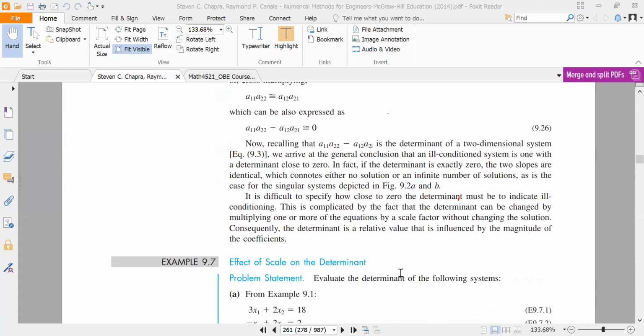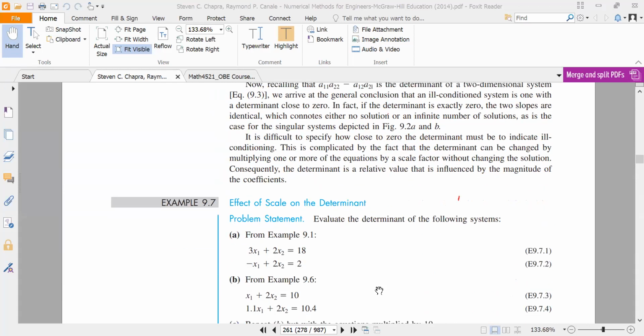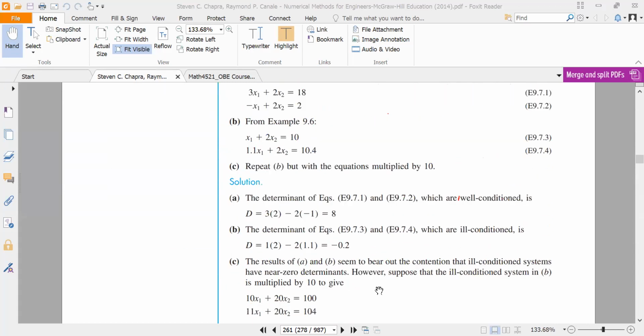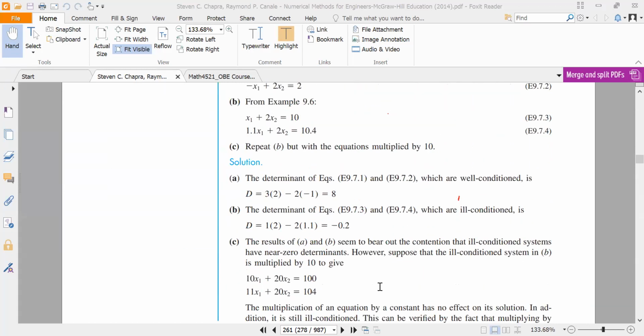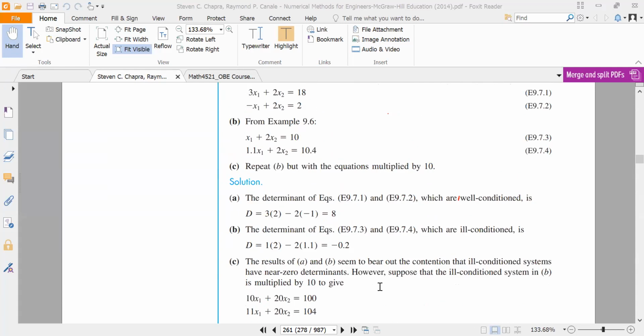Another issue is that your determinant can be made finite by scaling. Scaling means that if you multiply both sides of the equation by a factor, it will not change the solution of your system, but it will improve the situation of a near-singular determinant. For example, say we have a set of equations B, and the determinant of B equals minus 0.2.